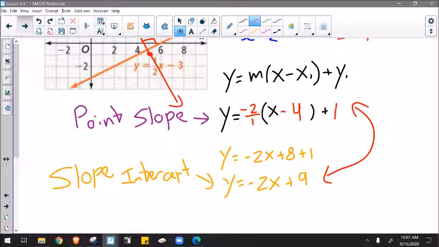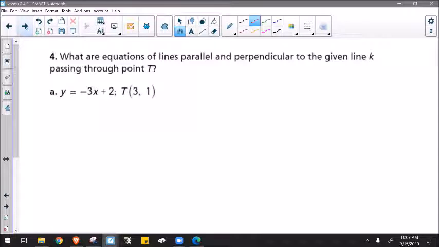All right. I think I got one more for you here. What are the equations of lines parallel and perpendicular to the given line passing through point T? All right, so this is literally going to be the same thing, except there's no graph this time. So we know the slope equals, right, we got y equals mx plus b.